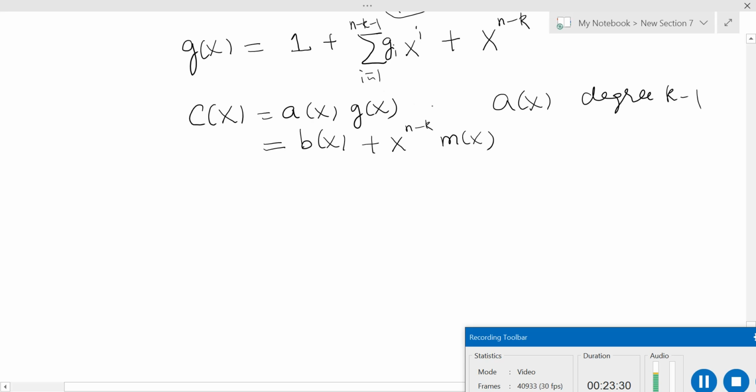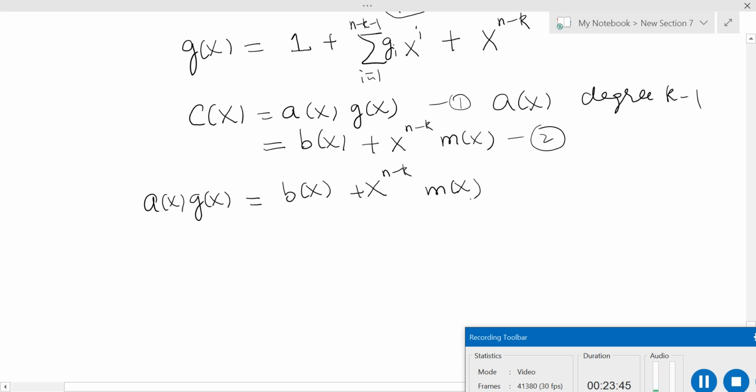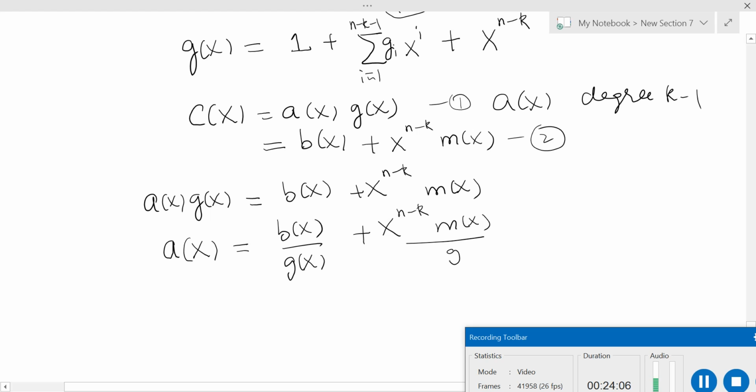Now if I equate equation 1 and 2, I get a of x g of x is equal to b of x plus x to the power n minus k m of x, right? Now if I divide both sides by g of x, I will get a of x is equal to b of x by g of x plus x to the power n minus k m of x by g of x.